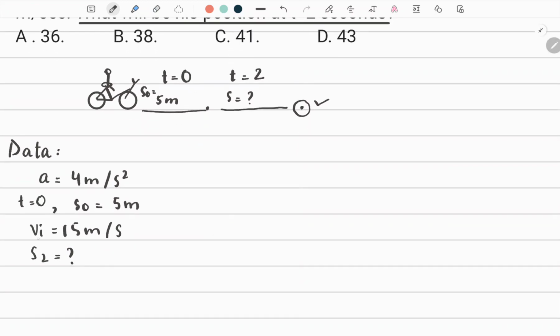But this is not the question. Keep in mind, the question asks us for the total distance, which we can get by adding the distance that the cyclist traveled in time 0 seconds and the distance he traveled in 2 seconds.